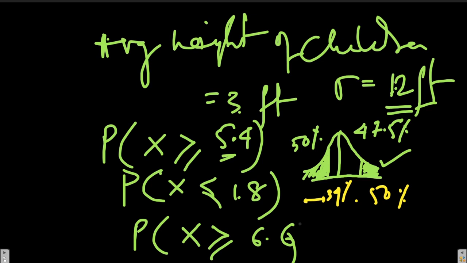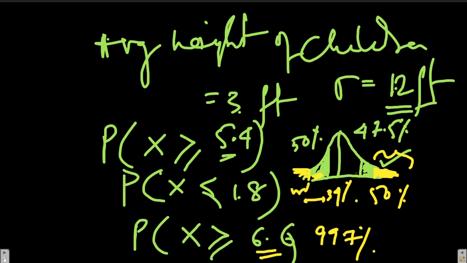What about the third one? The third one, I actually have 3 sigma. So x has to be more than 3 sigma, so it has to be here. I know up to 3 sigma, this area is 99.7%, and I asked for only this area. The rest, 0.3%, is covering both these areas.